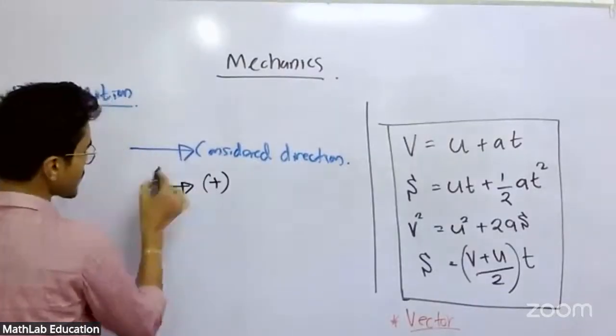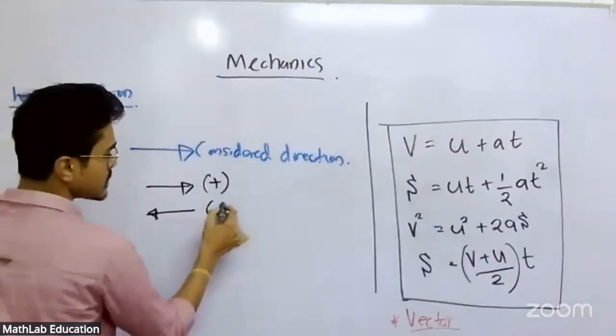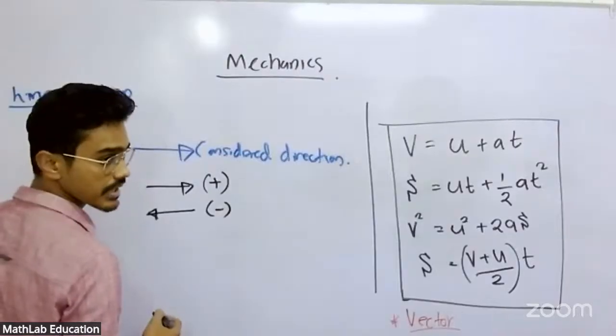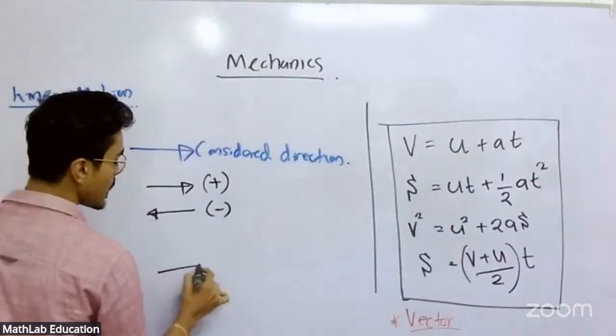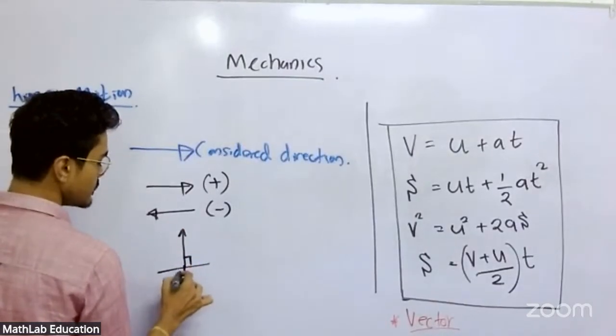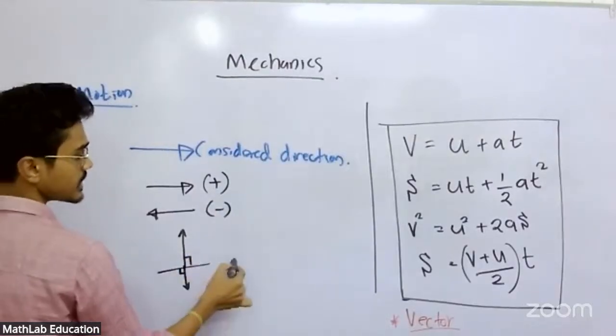If we have vectors in the opposite direction of the considered direction, such vectors are considered as negative vectors. And if we have any vectors which are perpendicular to the direction of consideration, they are neglected.